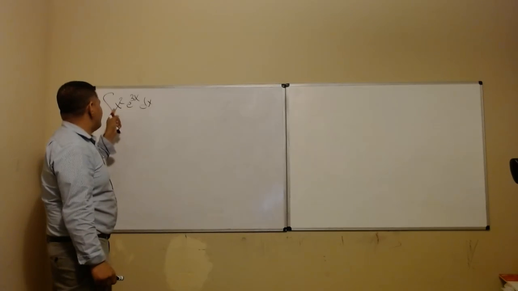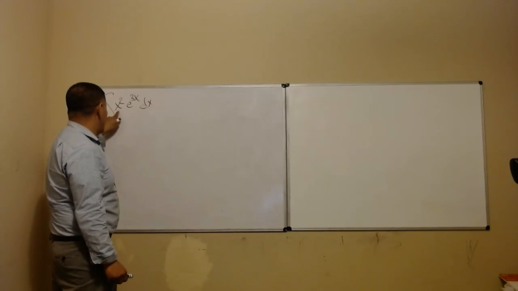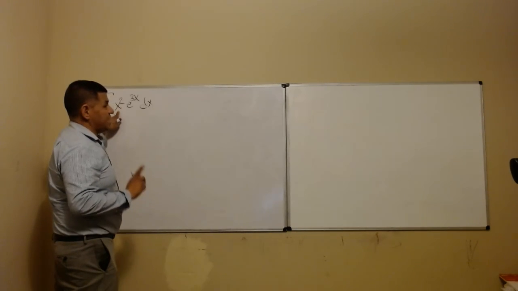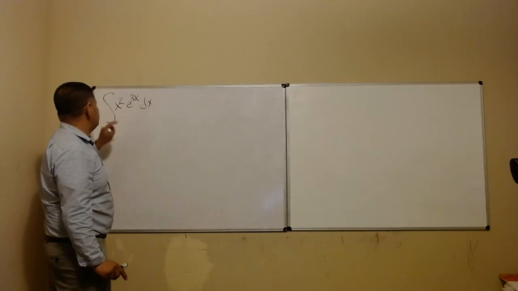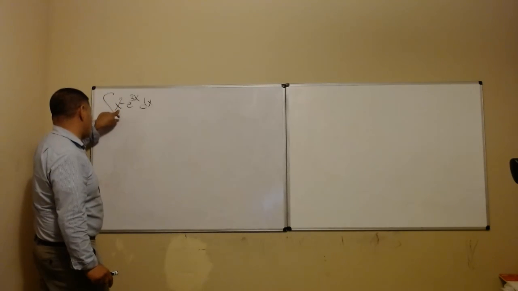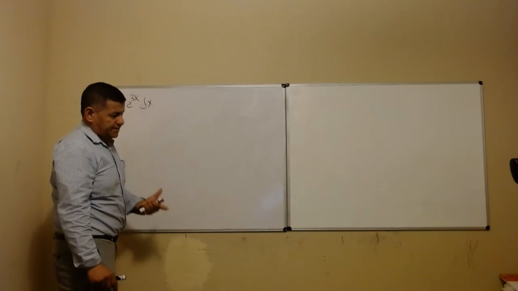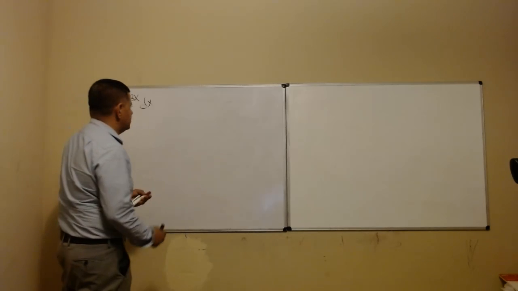If there were only one x, we would integrate just once, but because we have an x squared, we have no choice but to do it twice.